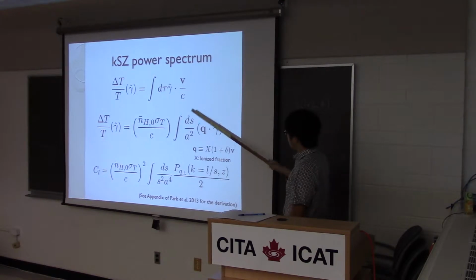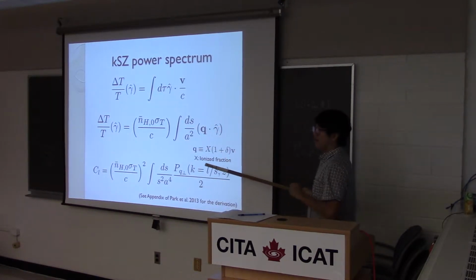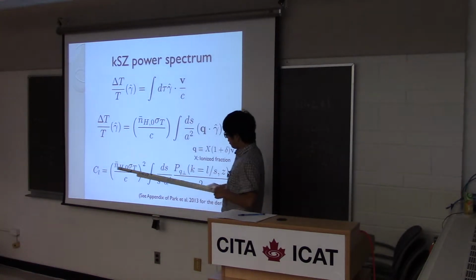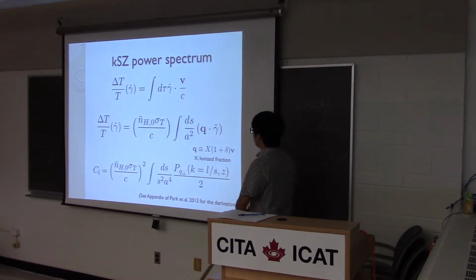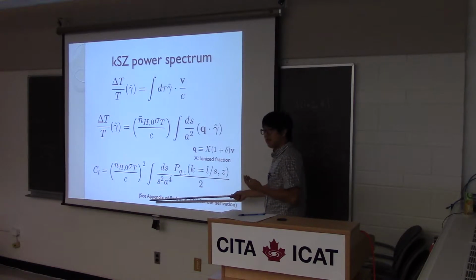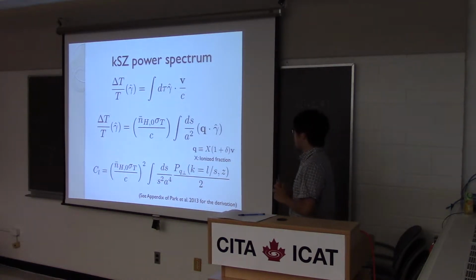Then you're left with this integral of what we call the momentum field of ionized gas. Then the CMB fluctuation, the angular power spectrum from this kinetic SZ effect, is given by some constants and the line of sight integral of what we call the transverse momentum power spectrum.